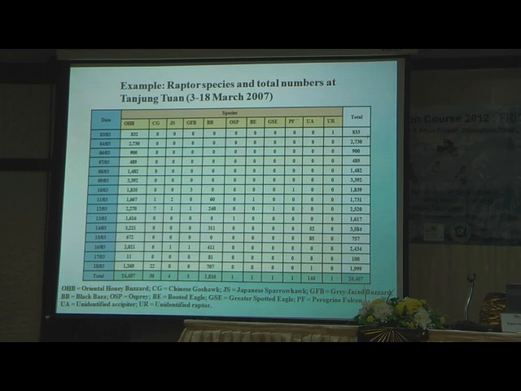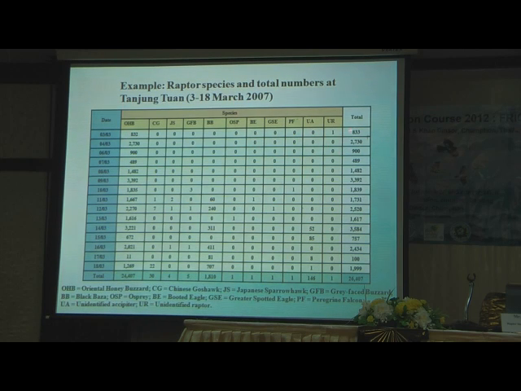This is the count for one season in Tanjung Tuan. Here you have the dates, you have the total for each day. This is the 3rd of March, 4th of March, and so on. And the total raptor species.